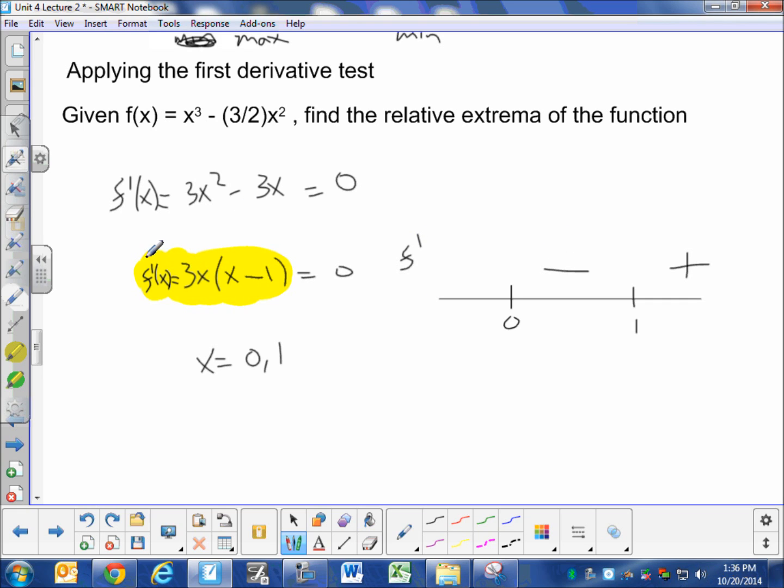And then to the left, I got a negative times another negative, so like -3, that's a positive. This would be a positive value, which means all the slopes of the tangents are positive, which means this is the location of a relative max, and this is the location of a relative min.